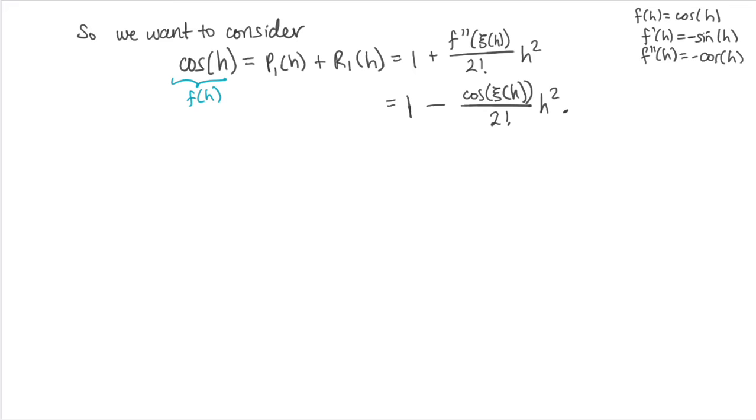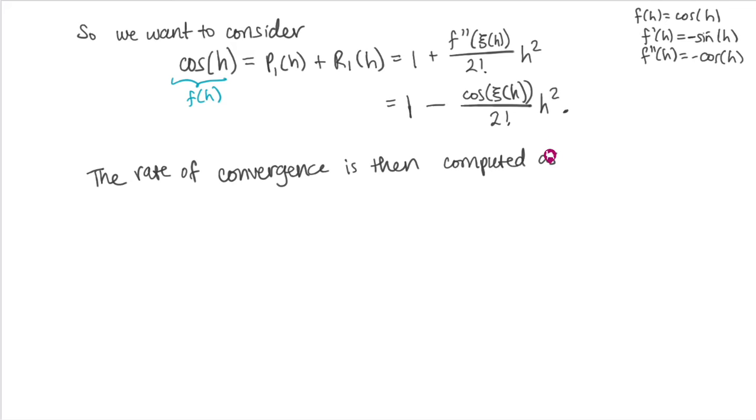All right. Now let's go back to that original problem we were trying to solve. We can say that the rate of convergence is then computed as, and you'll remember in the definition that we saw in lecture, this was capital F of h minus L. In our case, capital F of h is 1 minus cosine of h over h, and L is 0 in this case.